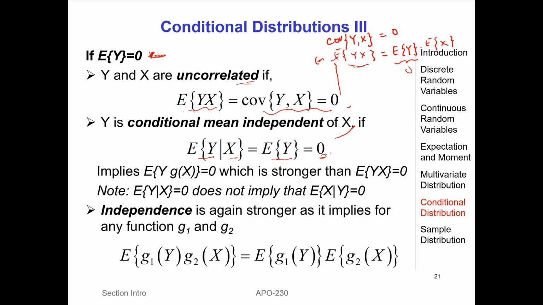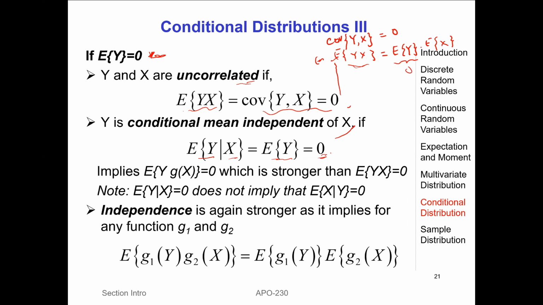The interpretation for this is, it doesn't matter which value x takes on, it will not affect the expected value or the mean of y. So knowing which outcome x takes will not tell you anything about the expected value of y. That's the idea.